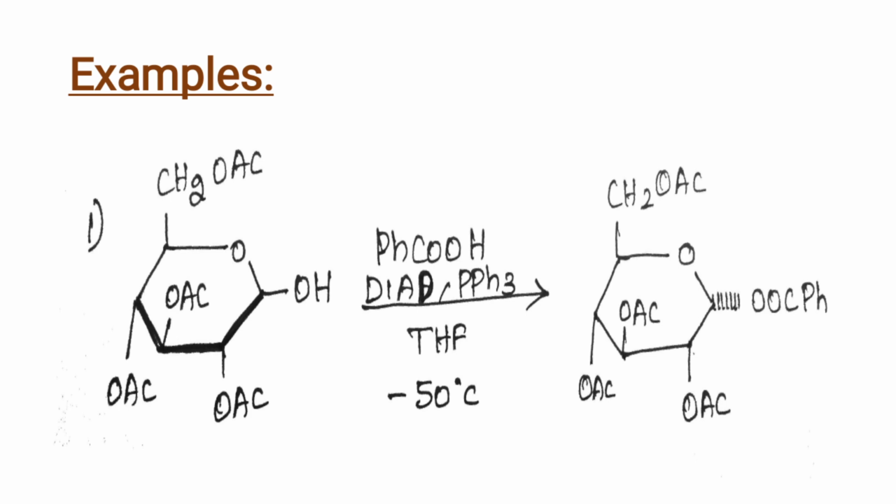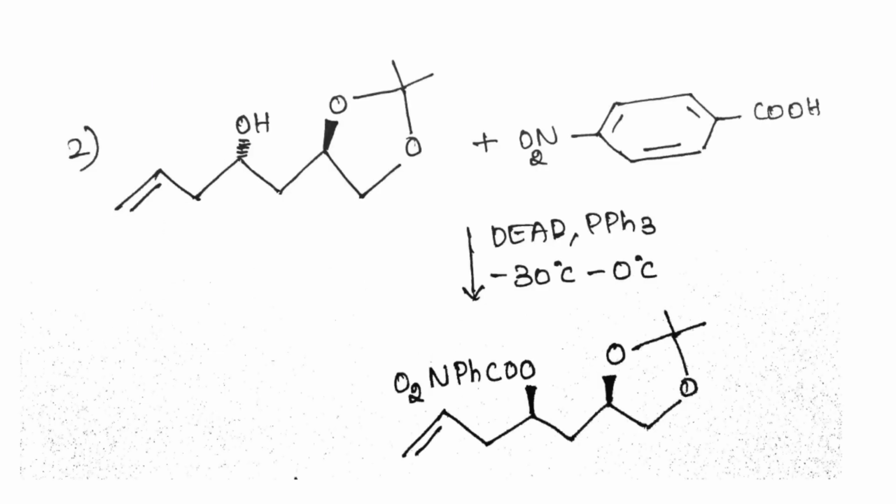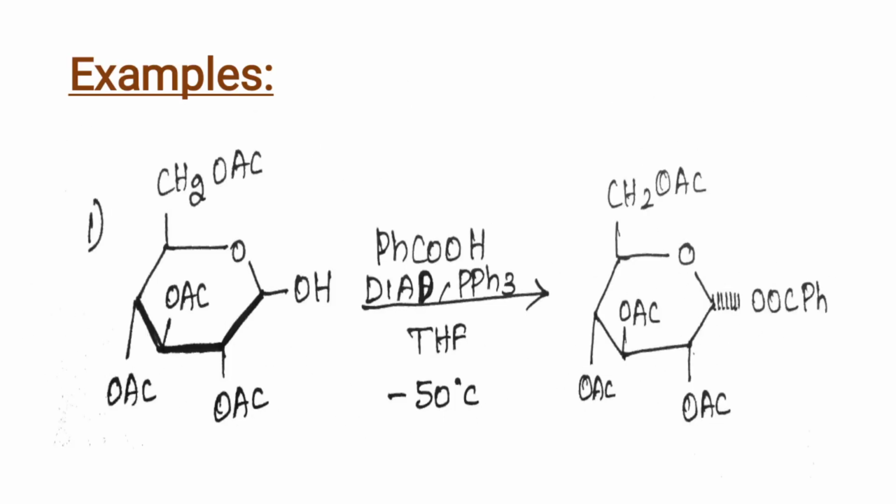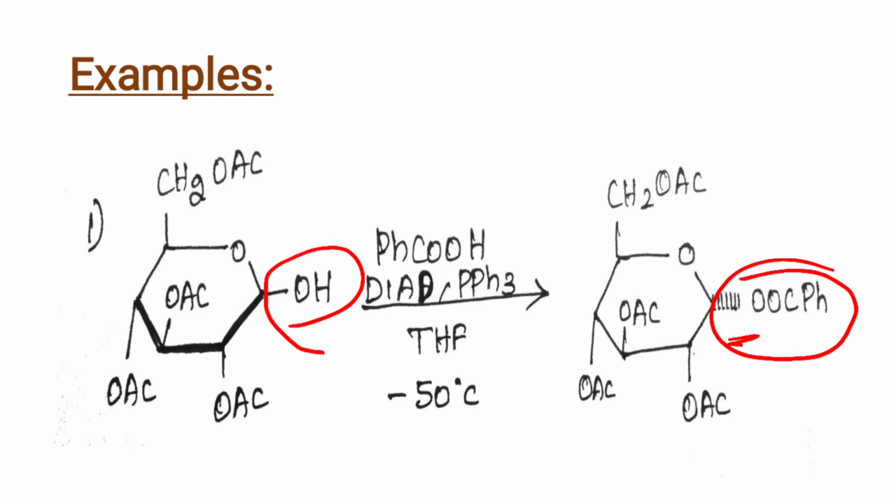Next we will discuss some examples. In the first example, the OH group is present above the plane, so we need to convert it to below the plane. Here it is replaced by the nucleophile, and it is below the plane.